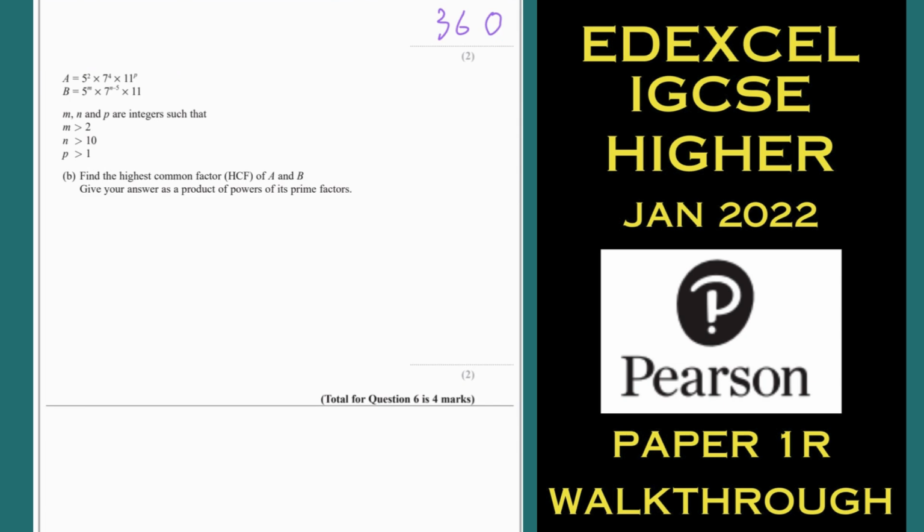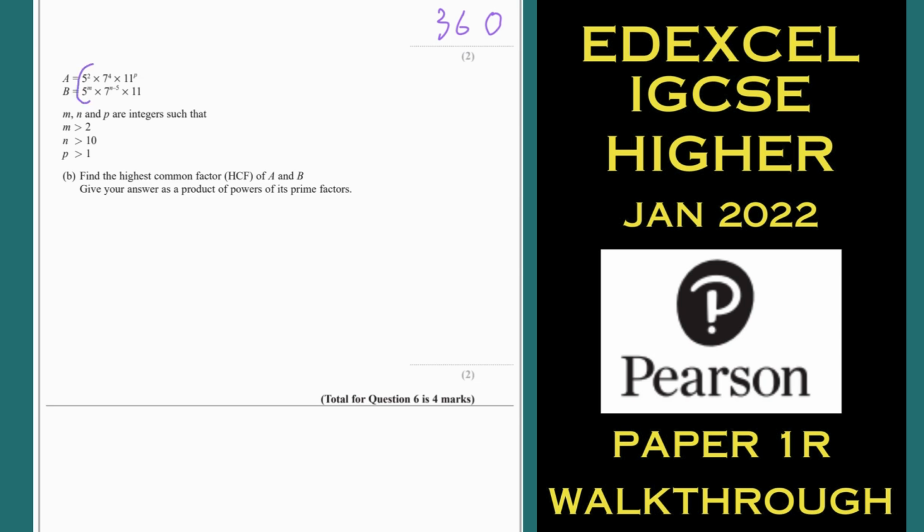Next part. This is a weird looking question, but don't get put off by it. The idea is to find the highest common factor when it's written in prime factor form, index form, you always just pick the lowest value. All right.